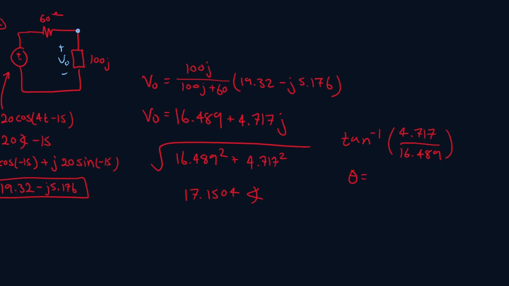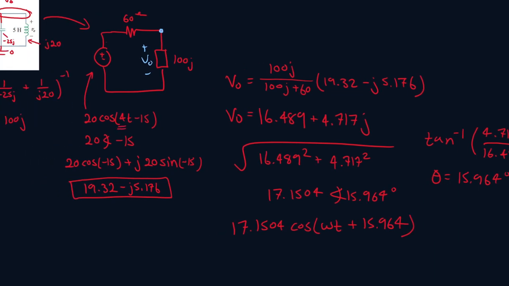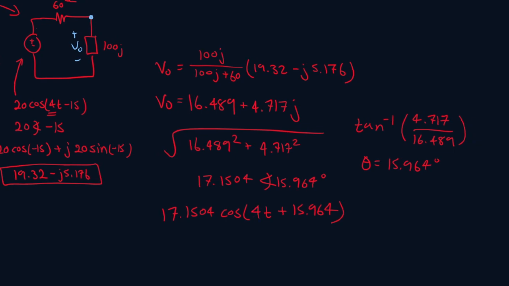So our angle will be 15.964 degrees. And then to write it in cos format, it'll be cos of ωt plus 15.964, and ω was 4, if you recall from the equation. And this is what VO(t) will be represented by.